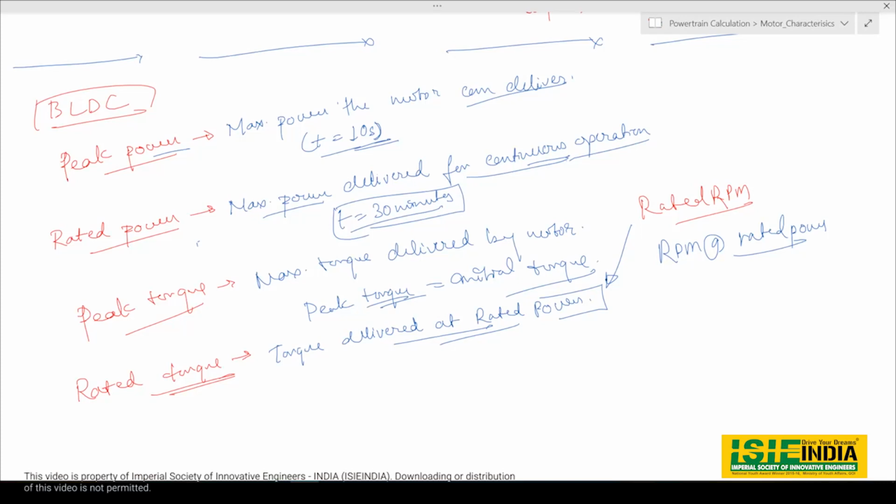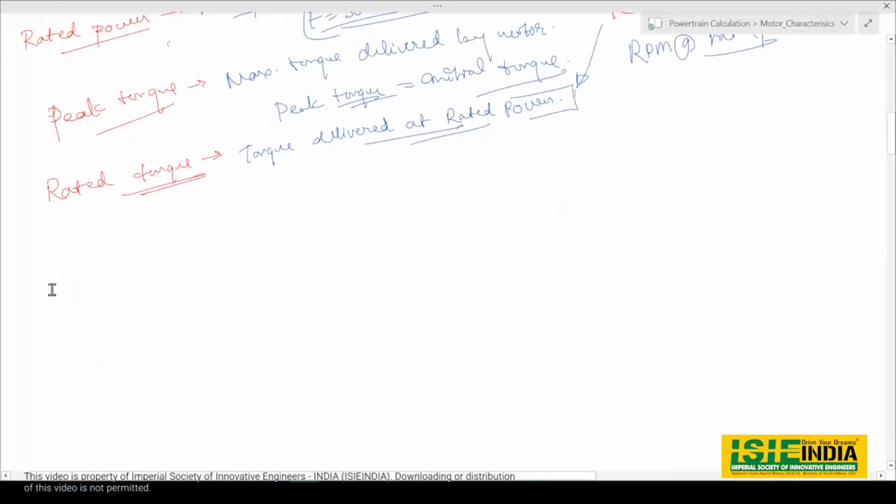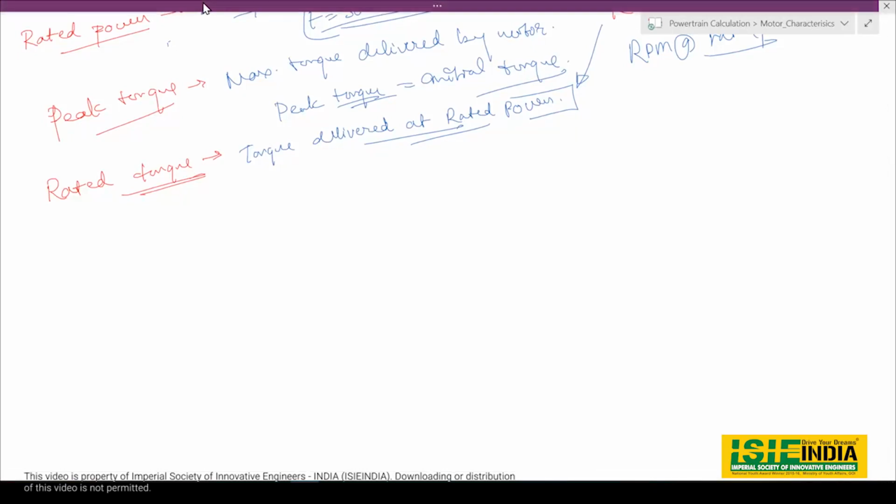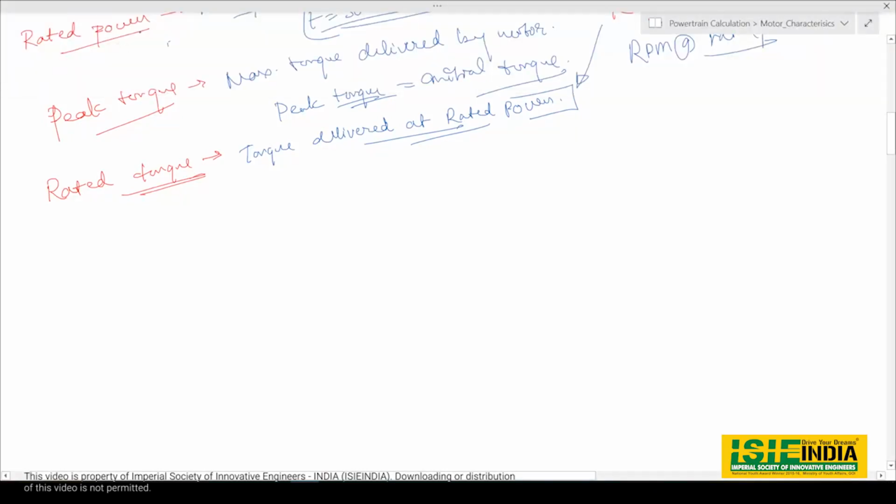Okay. So we have these five parameters. Okay, right. So this was our BLDC motor, right? So I'll just draw a mini version of this graph.